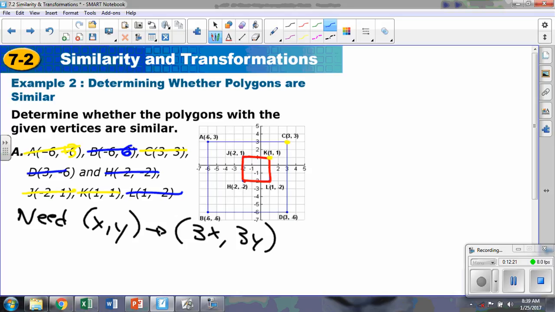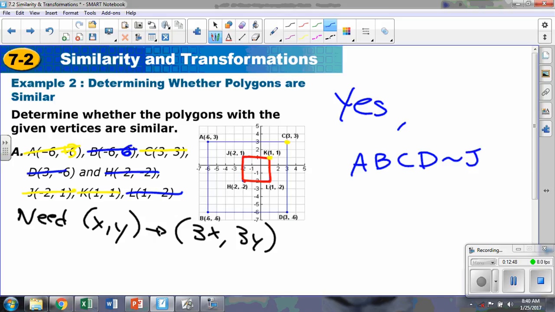So because we have used a dilation, yes, we can say A, B, C, D is similar to, and then let's make sure that we've got them matched up.